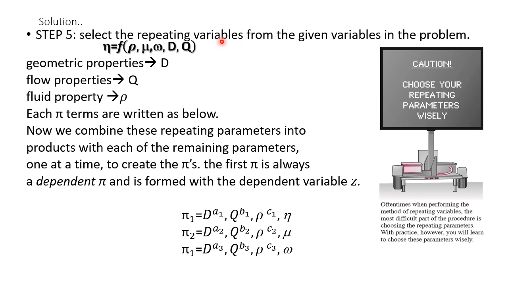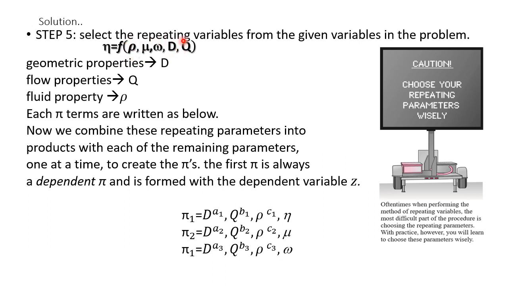So what does rule number 1 say? It says never choose the dependent variable as a repeating variable. In this problem, efficiency is the dependent variable, so I cannot choose efficiency as a repeating variable. Now I can choose 3 repeating variables from these 5 variables. How to choose?